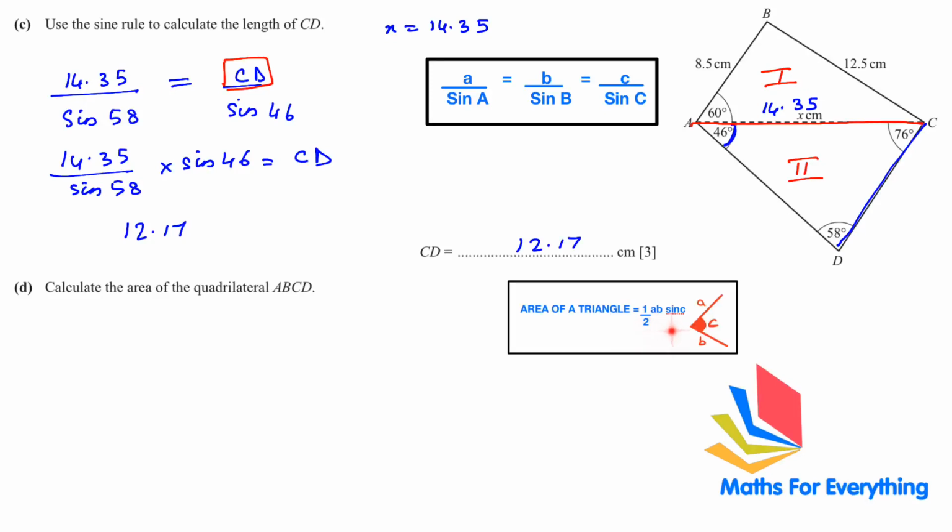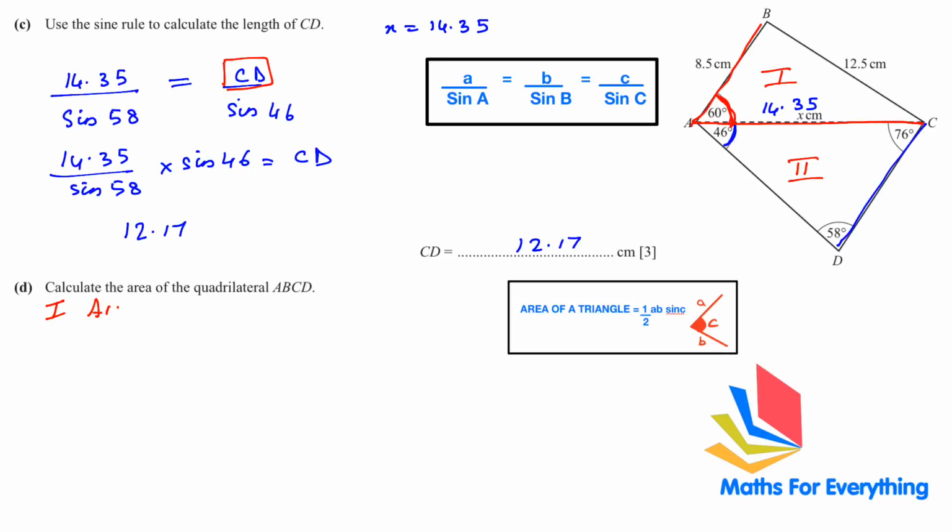It is half ab sine C. a and b are the sides and C is the included angle. Let's see what we can use here. In triangle 1, we can use the angle 60 and the sides AB and AC.